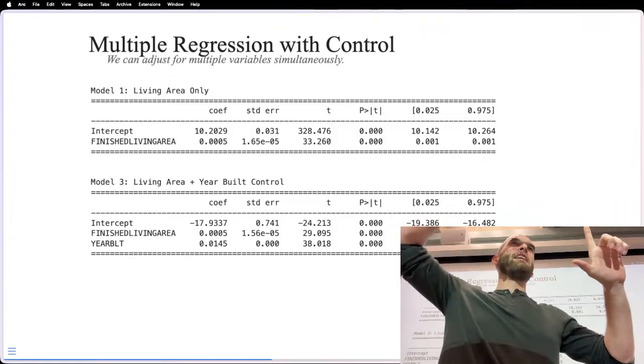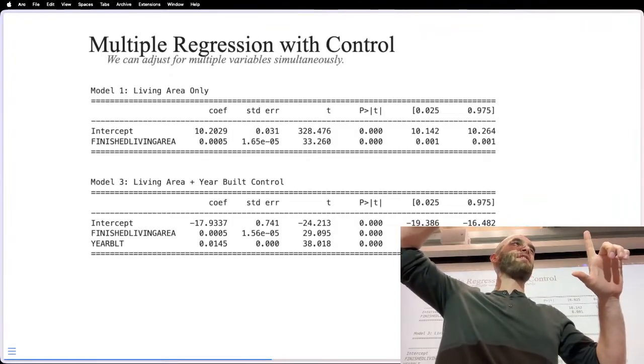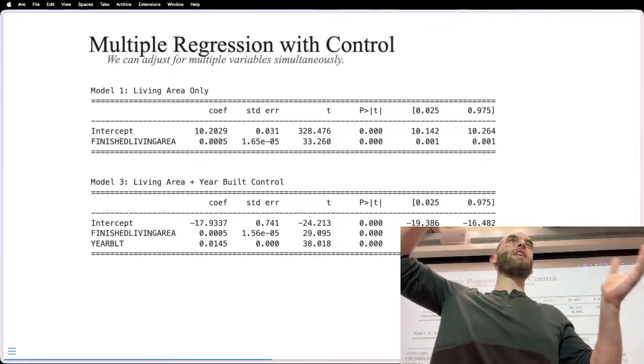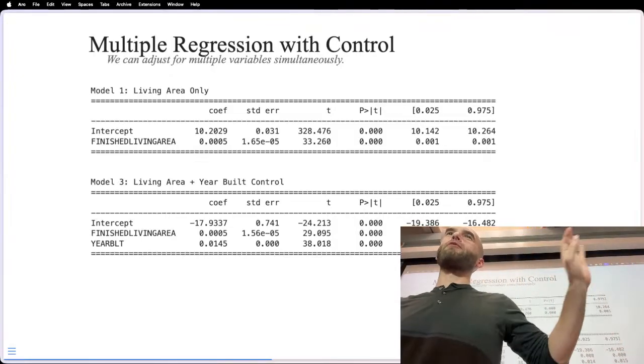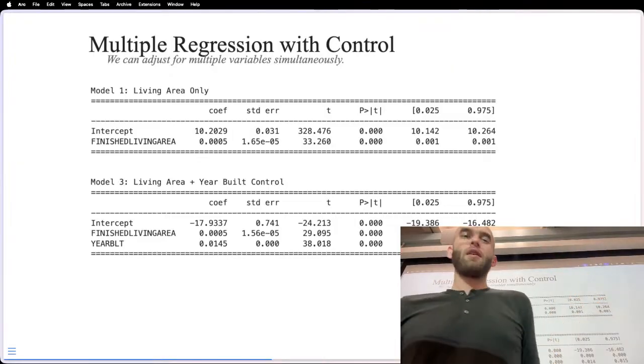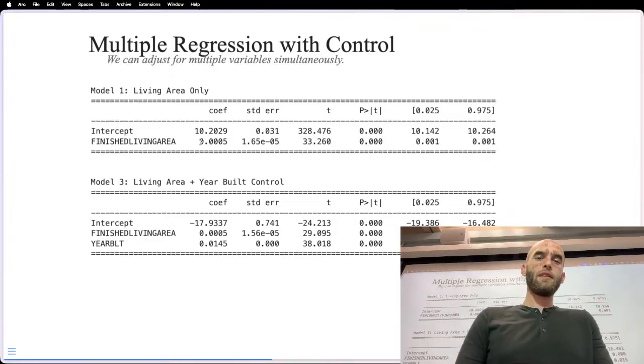What's the increase in the value of your house for an increase of this size? It's pretty small. You could use different units if you like. They're all going to give you the same estimate, just with different numbers. And then the second model, I'm running with a control variable. So here I'm running finished living area, but with year built as a control variable.